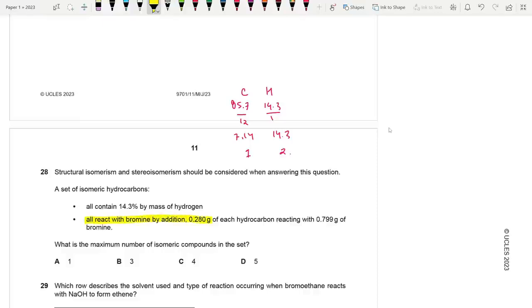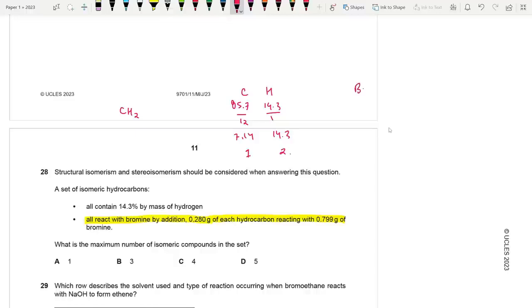Okay, so now we know that all this isomeric set actually will react with bromine, 0.280 grams of each hydrocarbon reacting with 0.799 grams of bromine. So we know that this is an alkene, right? Because it has a ratio of 1:2, CH2.